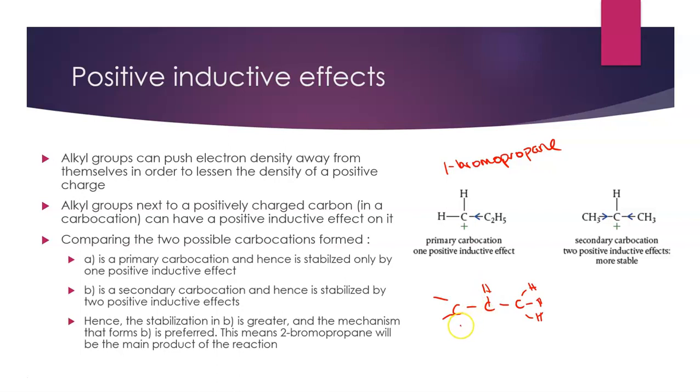So we would have the carbocation forming on here, and the hydrogen would attach here. Then the secondary carbocation is going to be where we had two bromopropane, because we have the carbocation forming on this one and the hydrogen adding to the terminal one, remembering that the hydrogen adds across the double bond first, and then the bromine will attack the carbocation.